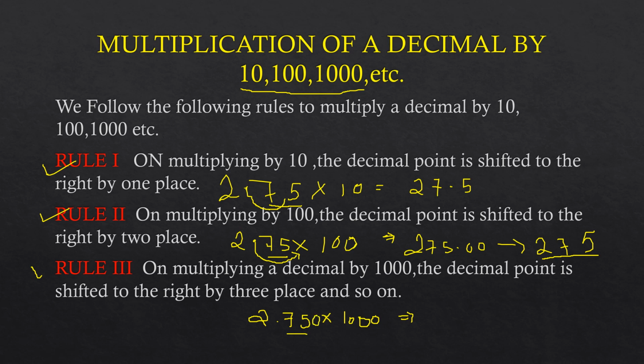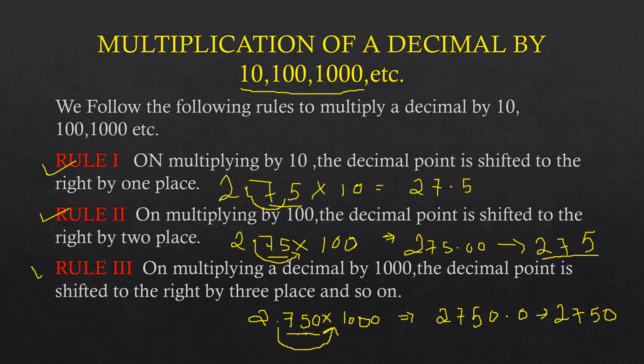Now we have three decimal places, so the decimal point will get shifted after three places, and we get 2750.00, and so on. Basically we get 2750. And if we have 10,000, then we have four zeros, so the decimal will get shifted four places to the right.